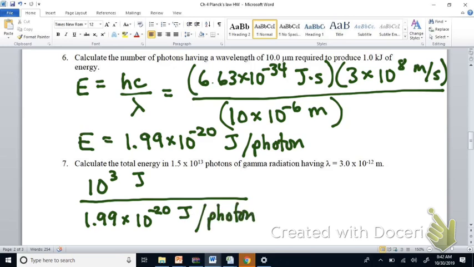This is a great exercise in good old-fashioned dimensional analysis because the joules will cancel and my unit will be a photon. And now all I need to do is to simplify this using a calculator.